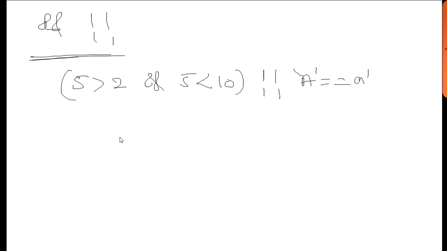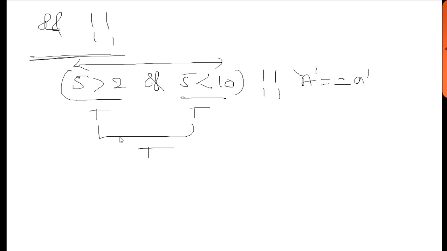First of all, the brackets will be calculated first. So 5 is greater than 2 is true, then 5 is less than 10 is true. So true and true is true. But A is equal to A is false. But true or false is true, because if any one of these two conditions is true, the result will be true.